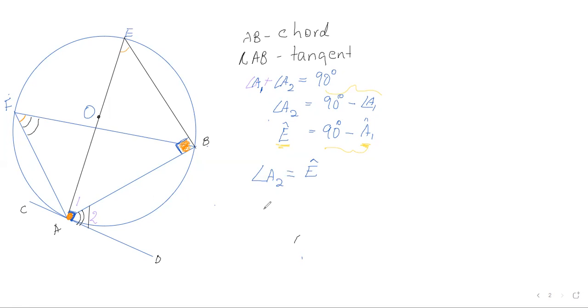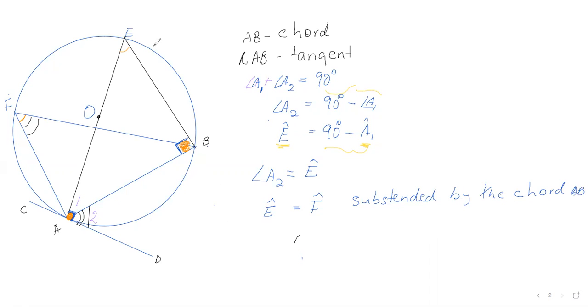But again, we knew that angle E is equal to F, and you say subtended by the same chord AB.